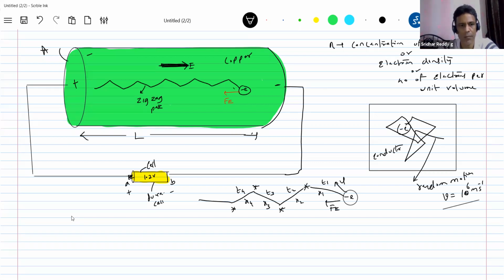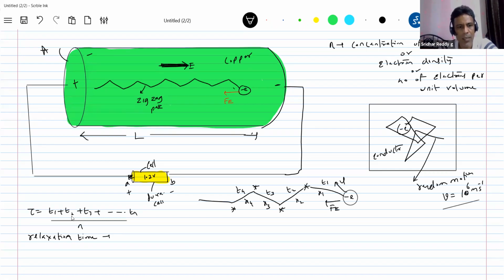We'll define some words. So what is tau? Tau is called the relaxation time here. What do you mean by this?